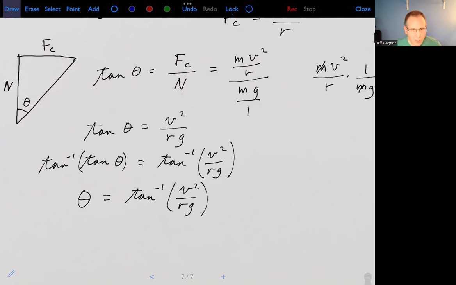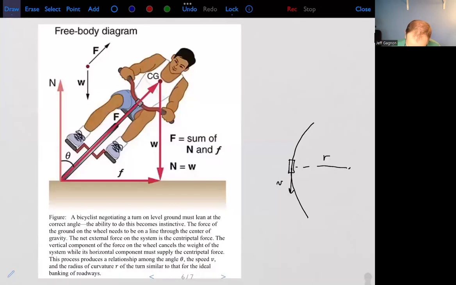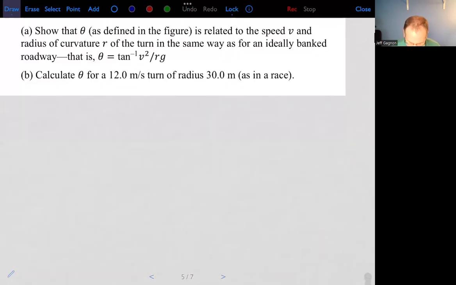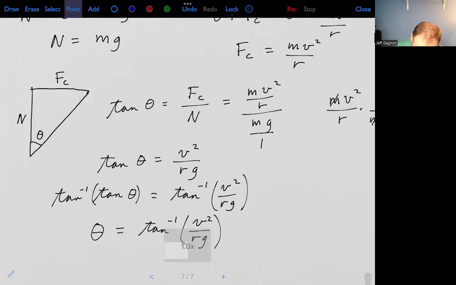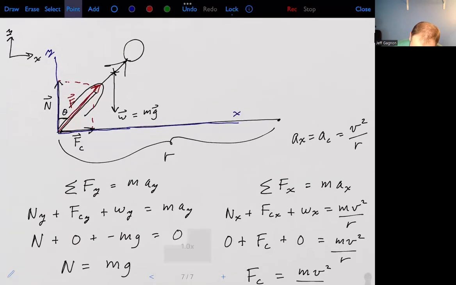Okay, and then what was the second question? Oh, I think just to solve it for particular values. So calculate the angle theta when the speed is 12 meters per second and the radius is 30 meters. If I go back to this picture here, this radius is now going to be 30 meters.